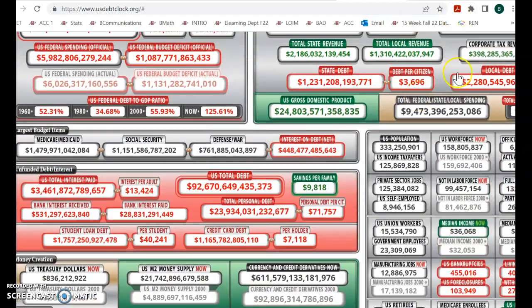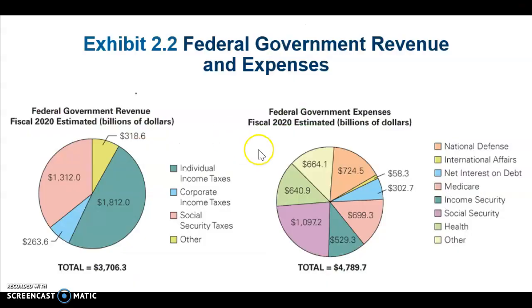Here you can see the federal government revenue for 2020 and the federal government expenses for 2020. This is in billions of dollars, and you can see the revenues are less than the expenses, so we have a budget deficit.